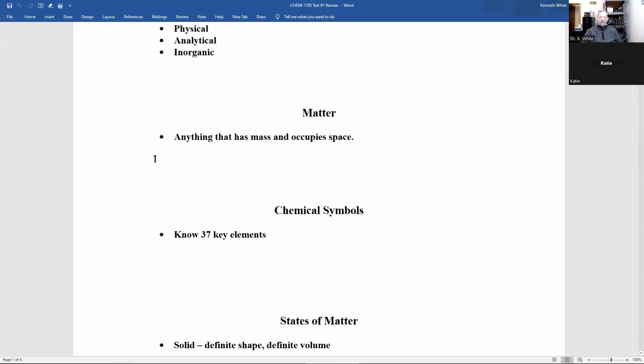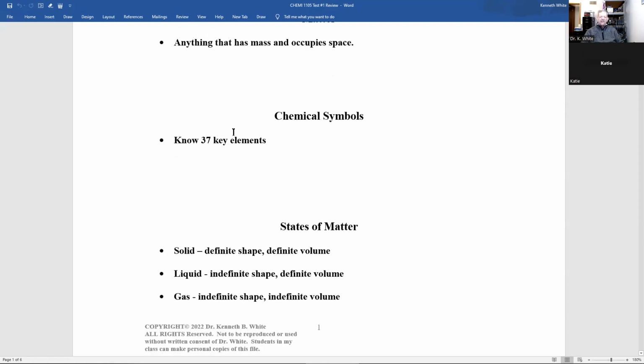Next, I talked about matter. And you should know what is the definition of matter. It's anything that has mass and occupies space. At this time, I didn't include it here. You can look in the chapter 1 and chapter 2 lecture slides, chemical symbols.